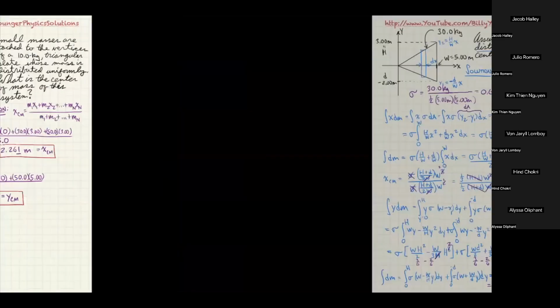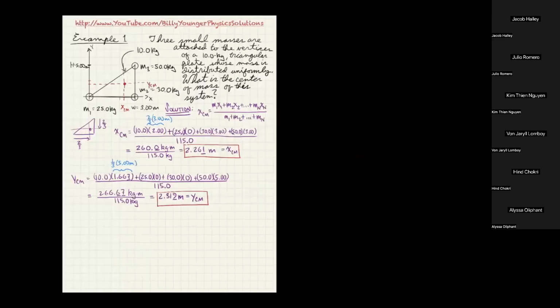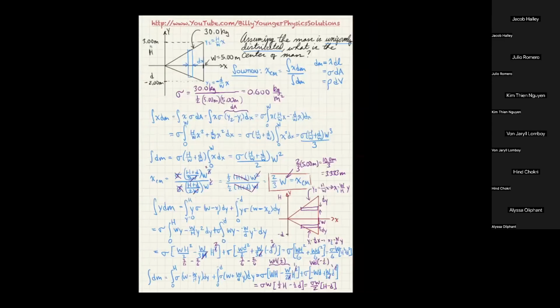We've now calculated a center of mass of a discrete collection, and we've calculated the center of mass of a really nasty continuous matter. I don't know what went wrong. I'm looking at that second integral, the integral of y dm, and I said that was w minus x².